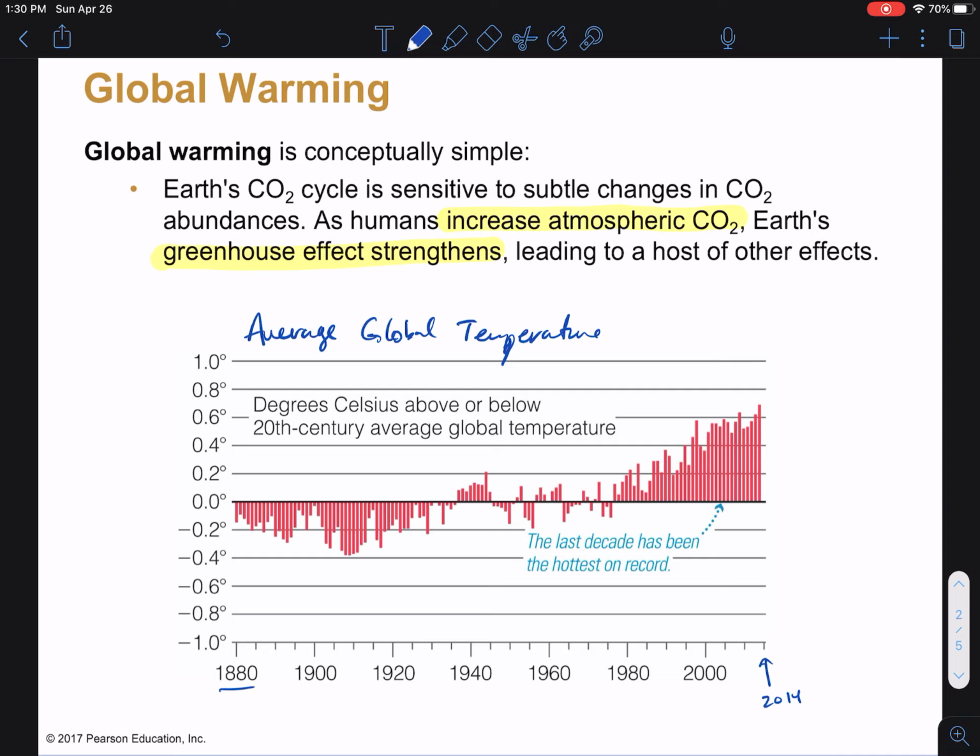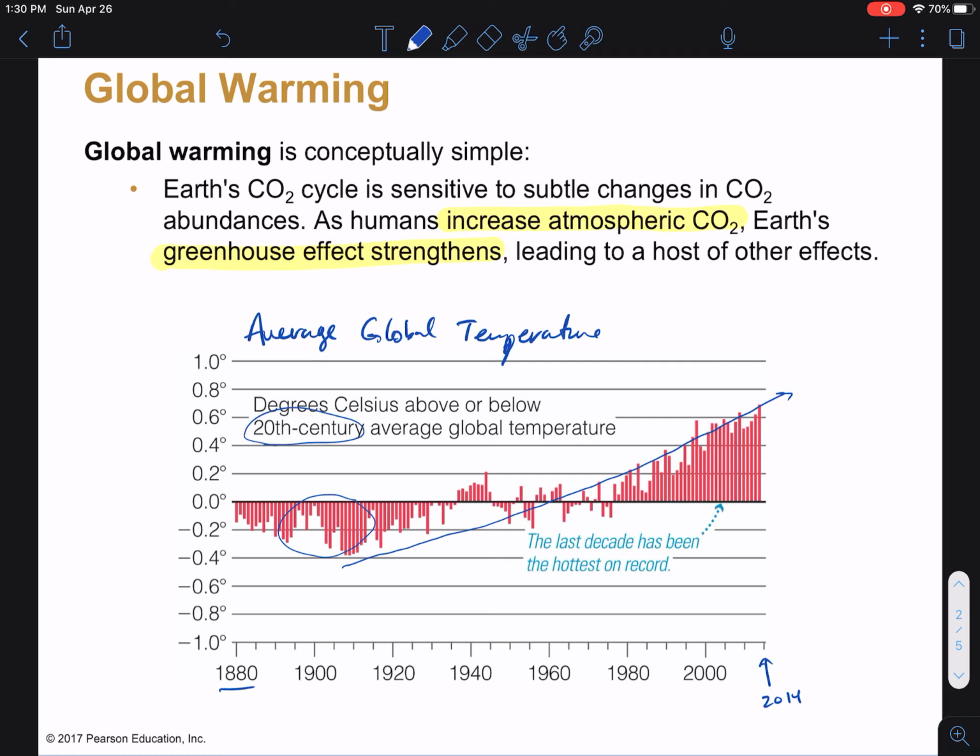So we can see here that there's a fairly steady increase from about the early 1900s all the way up to the present day. Now it looks like it's cooler in this region back here, but realize that this is an average over the entire 20th century.